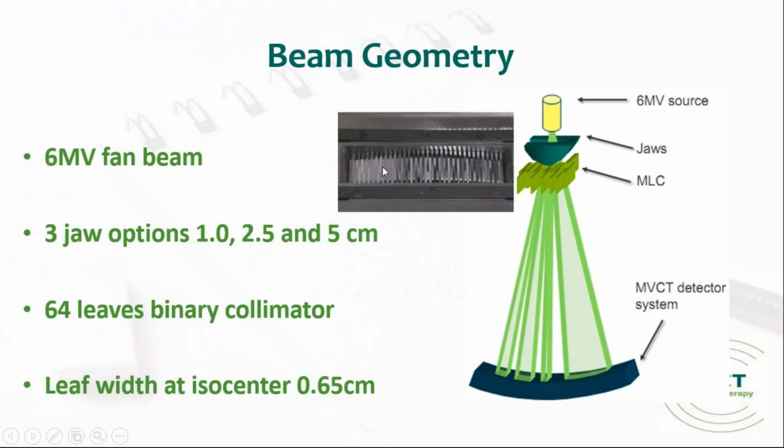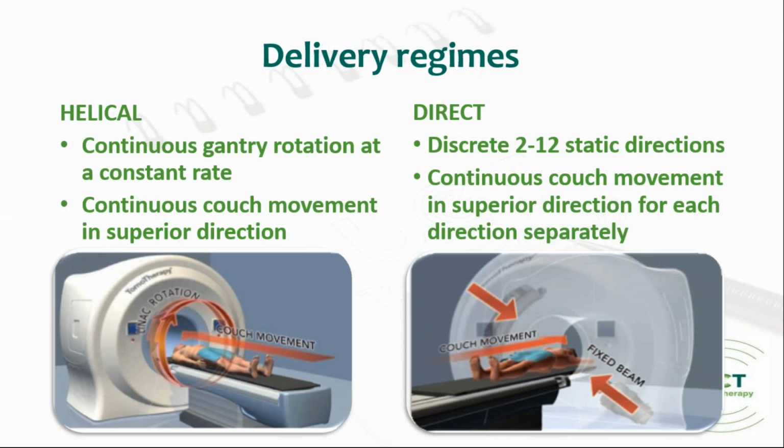Its leaves either open or close, and the leaf width at isocenter is 0.65 centimeters. Our system has 2 delivery regimes: one of them is helical and another one is direct.